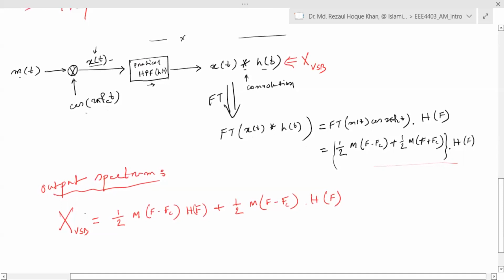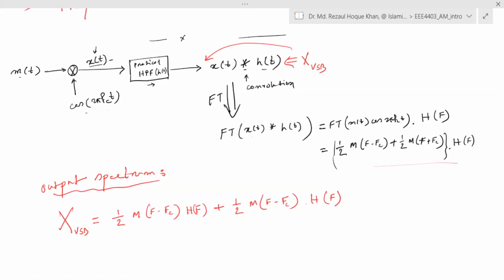Here we receive this signal at the output of the practical high pass filter. So this is the modulated signal, the VSB modulated signal.